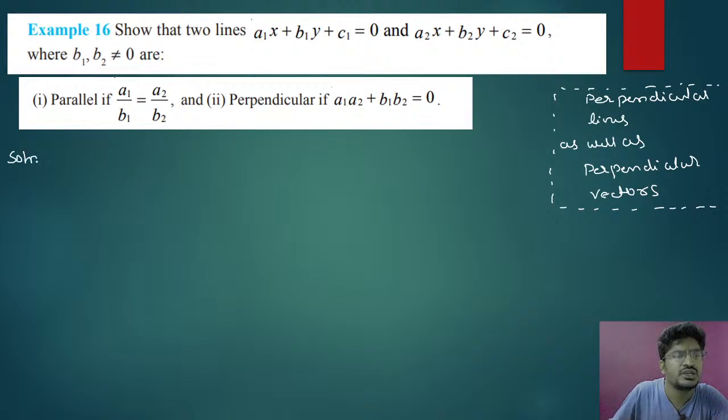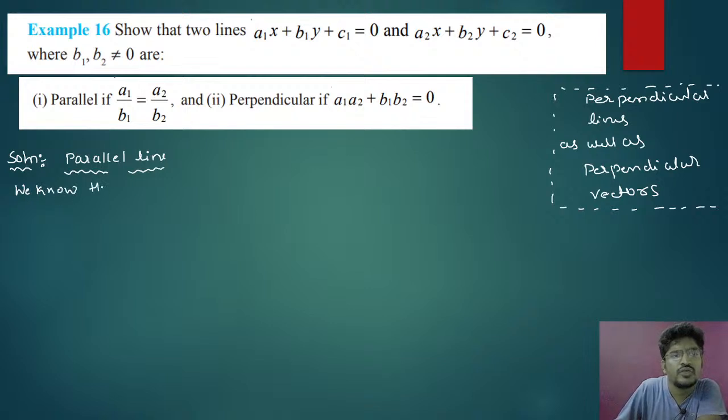So you see how to simplify it. First let us take the parallel condition. Already we know that if L1 is parallel to L2, it implies M1 equal to M2.